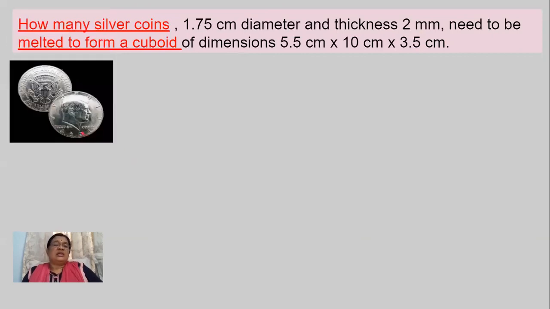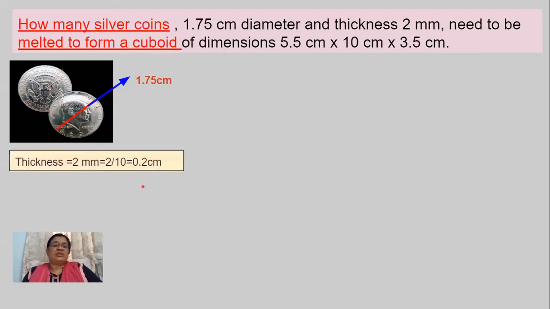See, these are the silver coins. Here it has given the diameter. What is the diameter of it? 1.75 centimeters. So what they have done, they have melted these coins. This coin thickness is given. When you observe this silver coin, it is just like a cylinder.